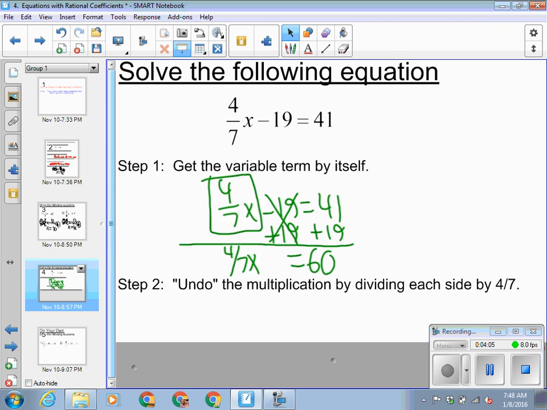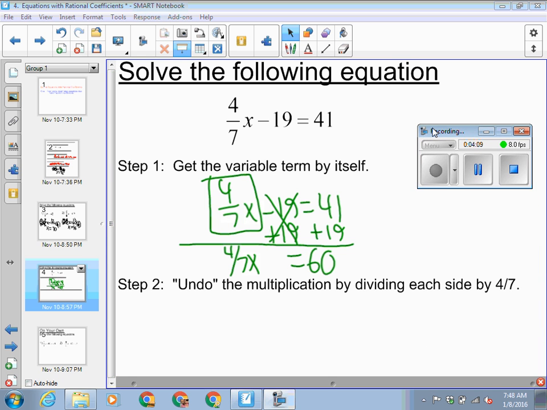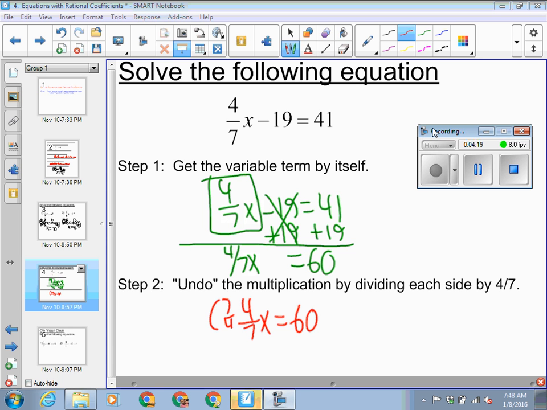We've now created a one-step equation, just like we did on the previous slide. We divide each side by 4/7, and we know that means actually multiply each side by the flip of 4/7. Okay, so those cancel out. X equals 60 times 7 over 4.